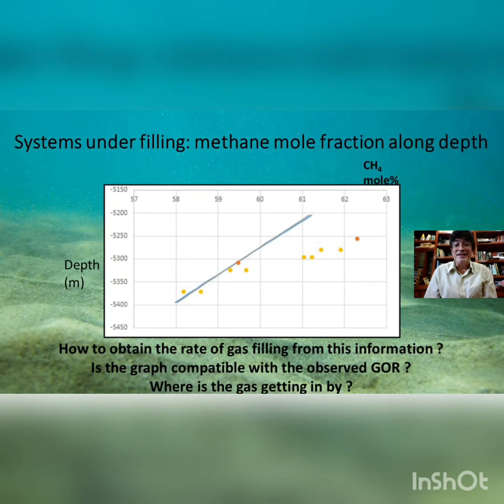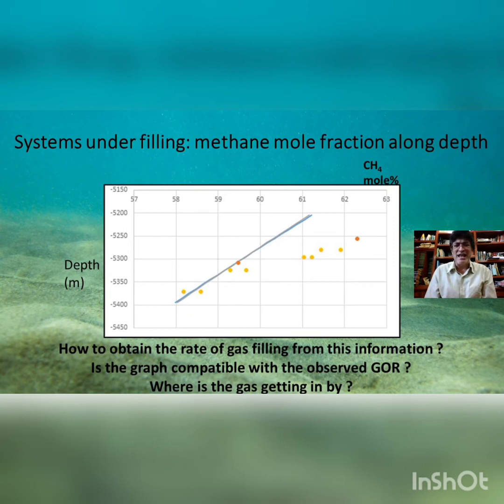And finally, this is a real case study, which is also very interesting. It is about a system under filling. And this graph is about the methane mole fraction variation along depth.